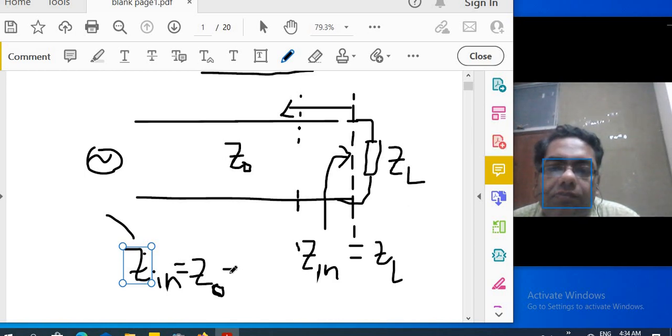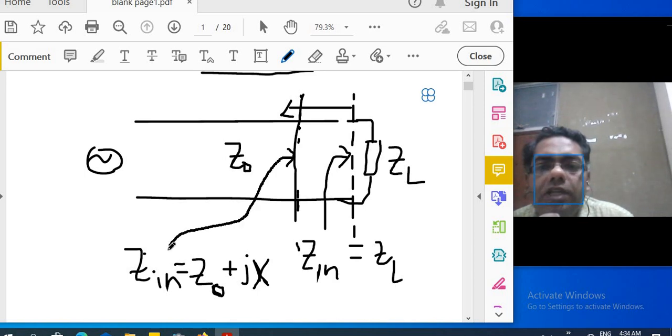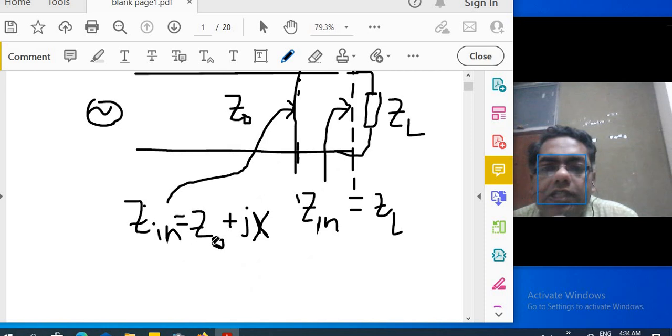Suppose I am considering this plane. At this plane, if I see the input impedance, it is of this form: the real part is Z0, which is the characteristic impedance of the line, and it has some reactance value.